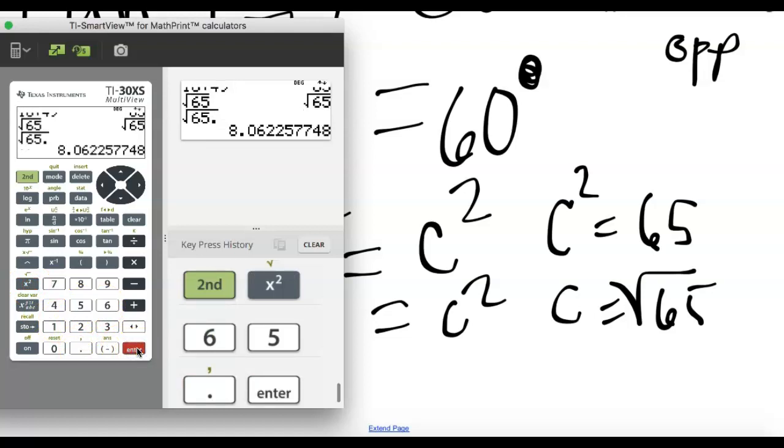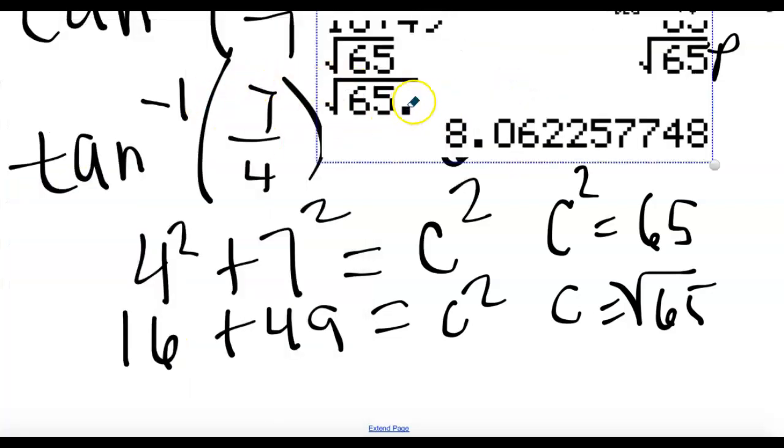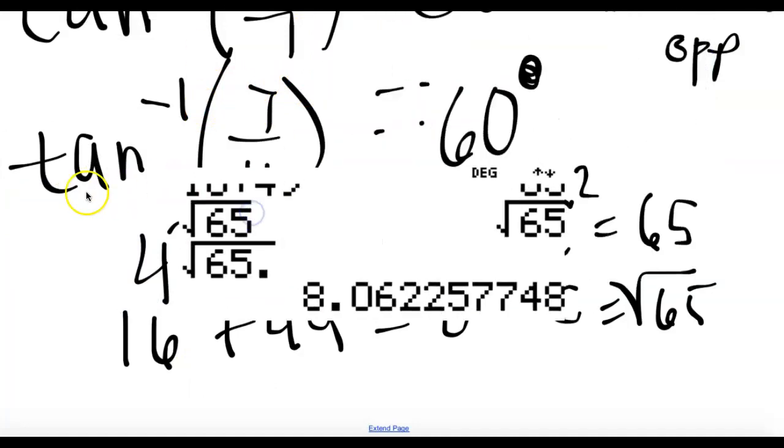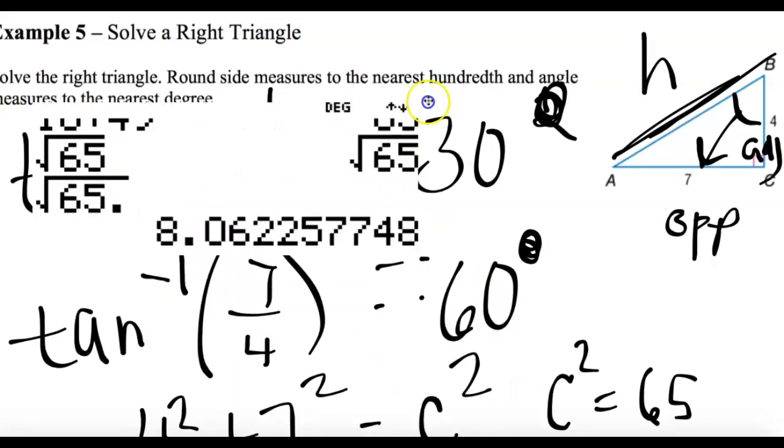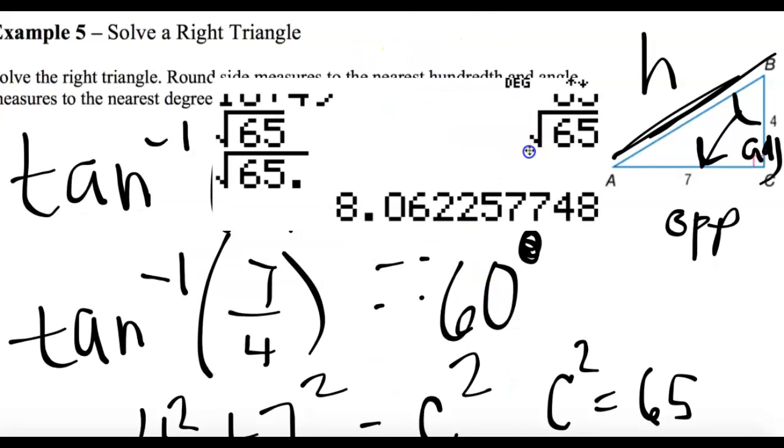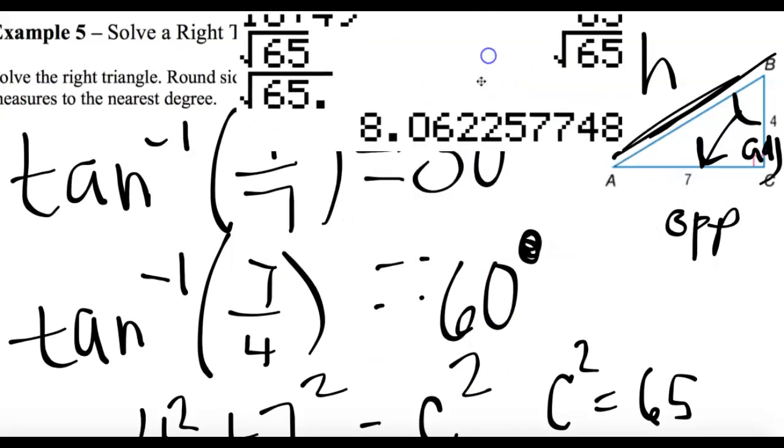So that missing side there is about 8.06. It says to round to the nearest hundredth, so we would just say h is equal to 8.06. And we are done.